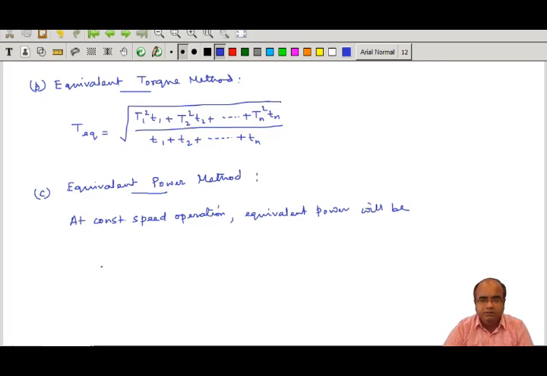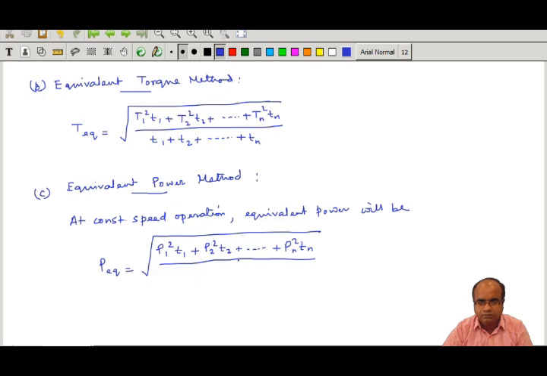Same thing, P equivalent equals root over P1 square t1 plus P2 square t2 up to Pn square tn, divided by t1 plus t2 up to tn, that is the total time. Okay.